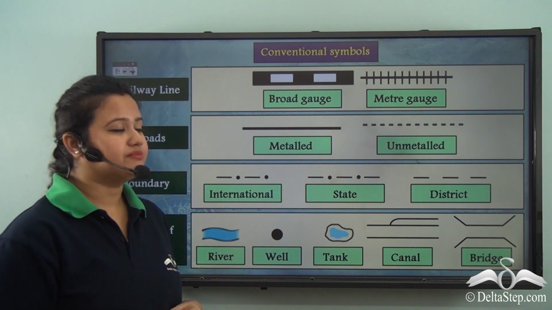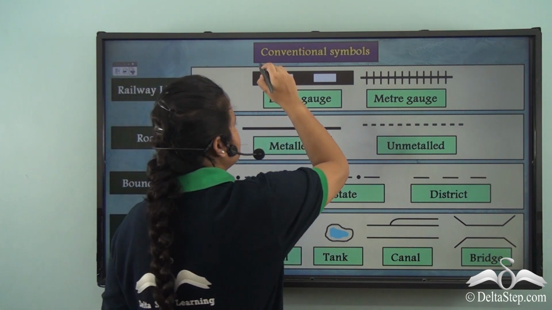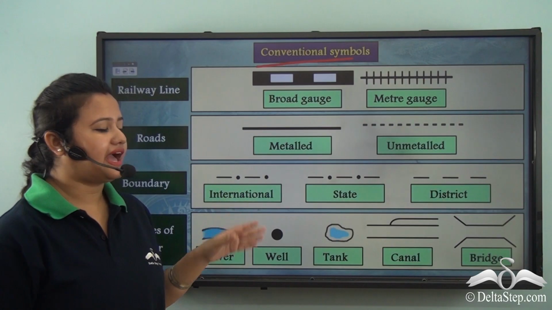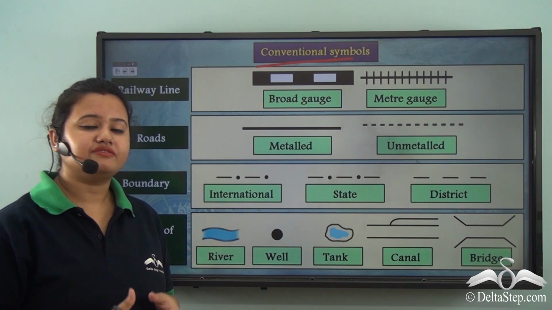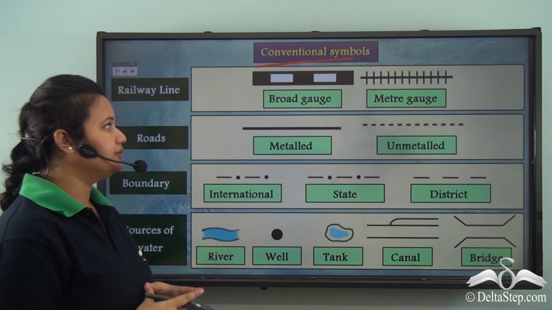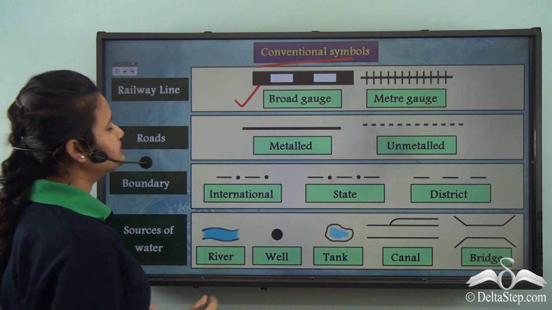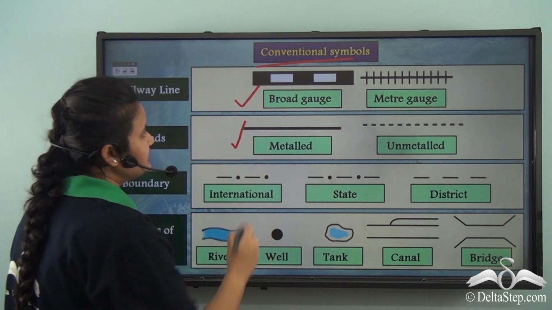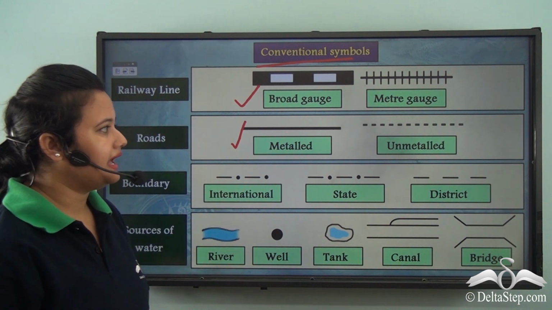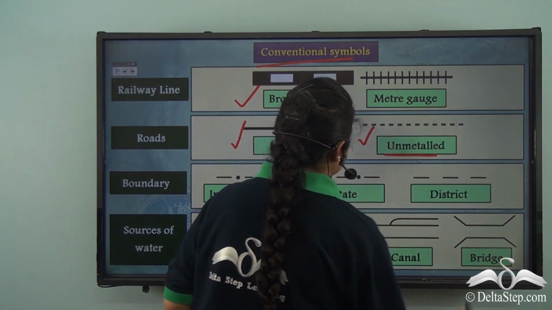And these symbols that are used universally are known as conventional symbols. Now here we have the picture of different conventional symbols. For instance, on every map, broad gauge is represented in this way. Similarly, metalled roads are represented using this dark black line, and this dotted black line represents unmetalled road.